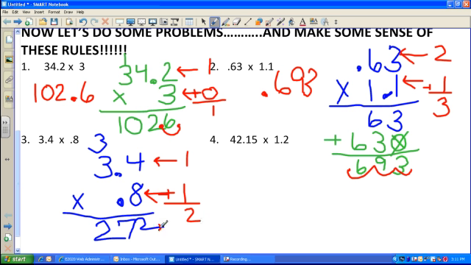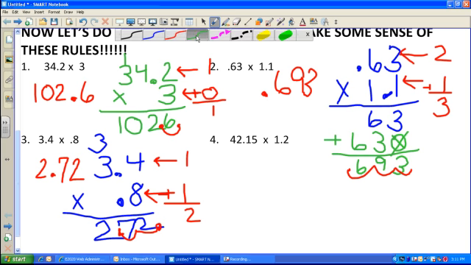Right now there is none, so I put it at the end, and then I move it. That's an ugly 2, so 1, 2. That's where it should go. So my final answer for number 3 should be 2.72. If the decimal is somewhere else, your answer would be wrong. So it's very important you take your time when moving that.